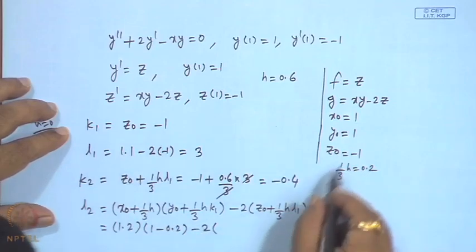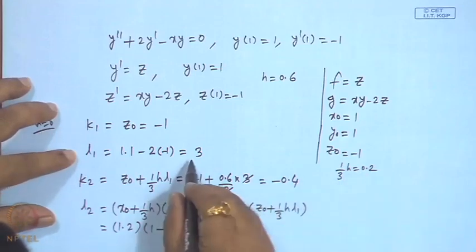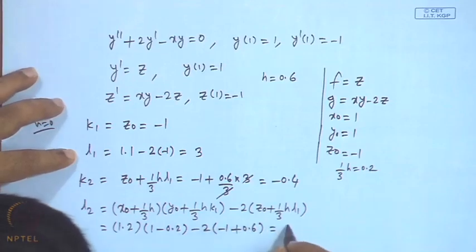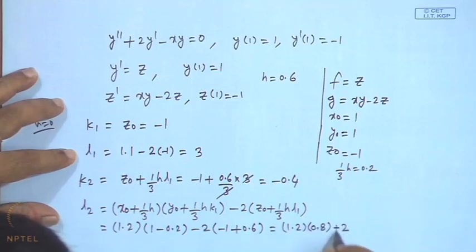Minus 2 times z 0 is minus 1, 1/3 h is 0.2, L 1 is 3. So, this can be simplified: 1.2 times 0.8, minus 2 times, so this becomes plus, minus 0.4.